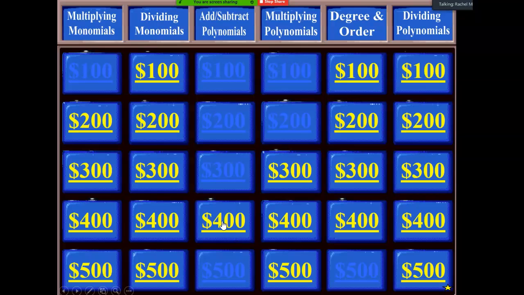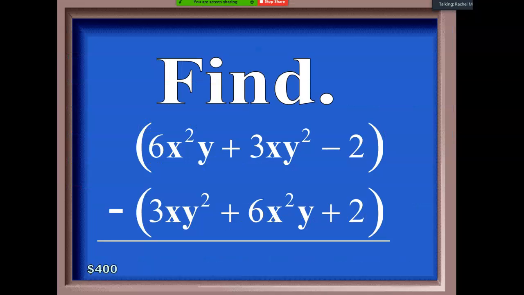Okay, finishing out the adding and subtracting column. What is the difference of the top minus the bottom? Not necessarily stacked like that, but top minus bottom. That is incorrect. That is correct.